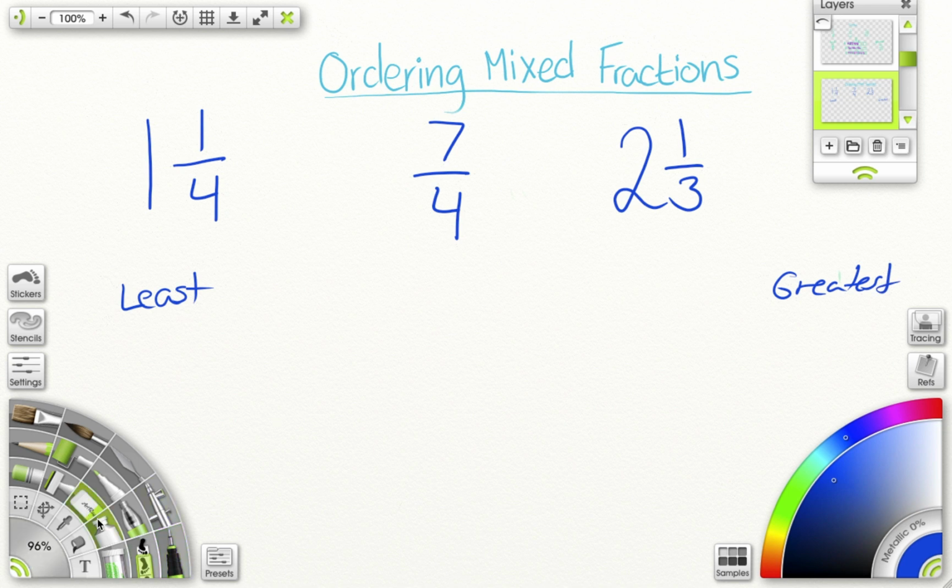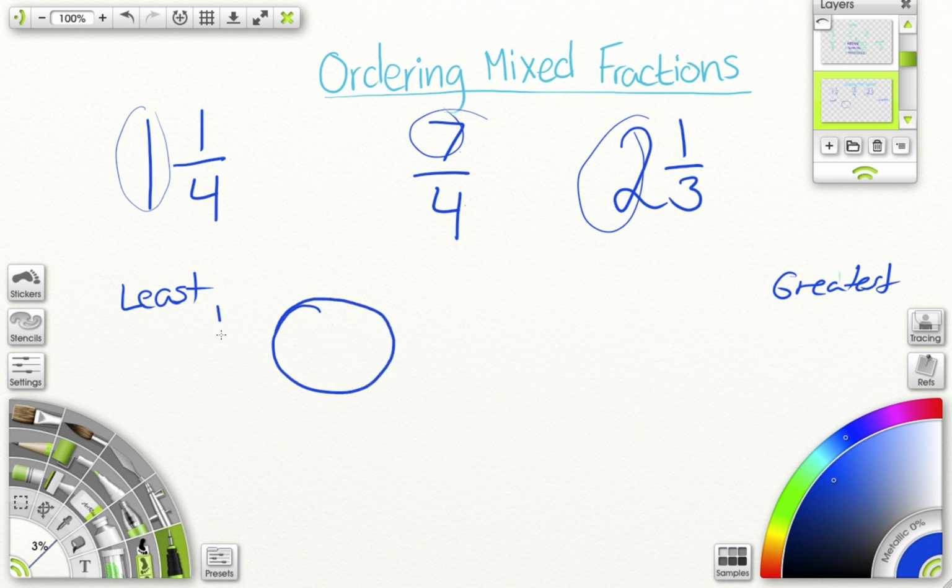So the way to do these is we're going to do our strips. However, because this top number is bigger than the bottom number, and this is a mixed number, we're going to have to draw multiple strips out, or actually in this case, let's do pizza slices. We haven't done too many of those lately.